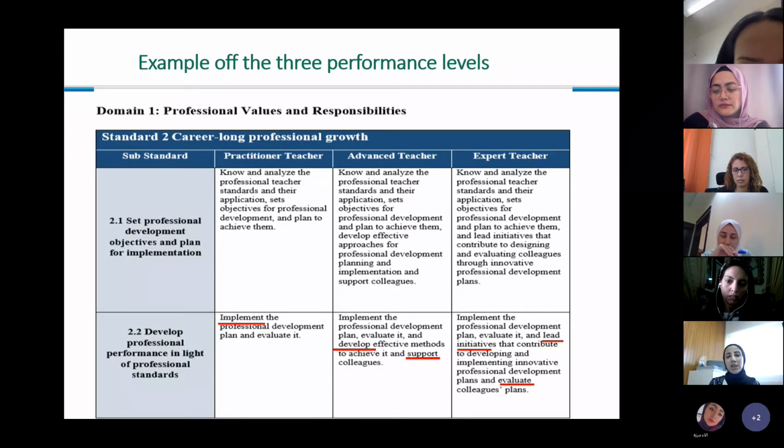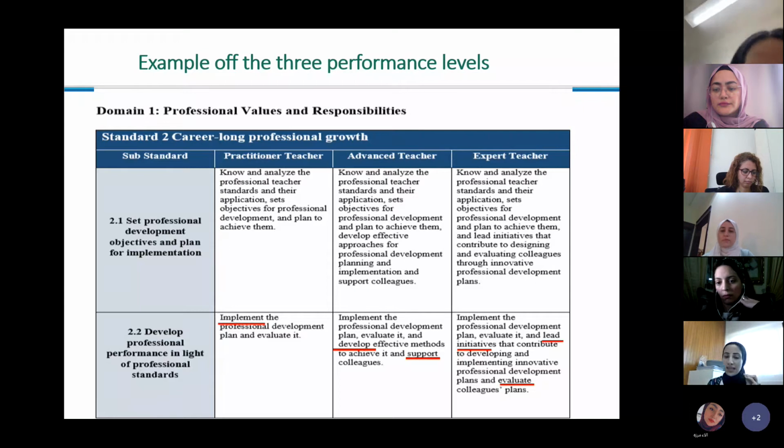Excellent, bravo. So here he's supporting his colleagues in setting these objectives in the plan and supporting them with the best practices, with the best methodologies. Thank you, Zamzam.